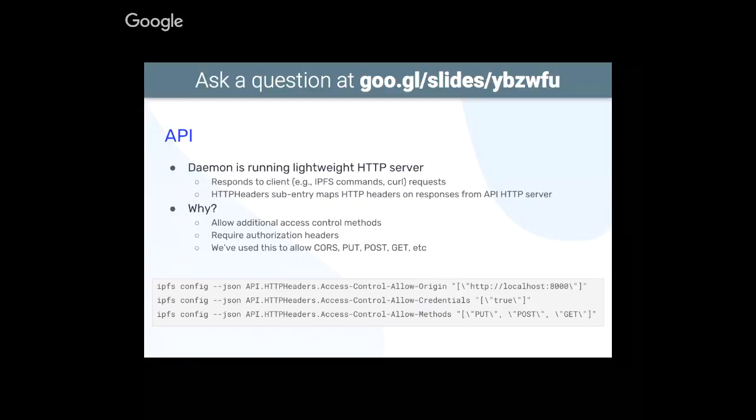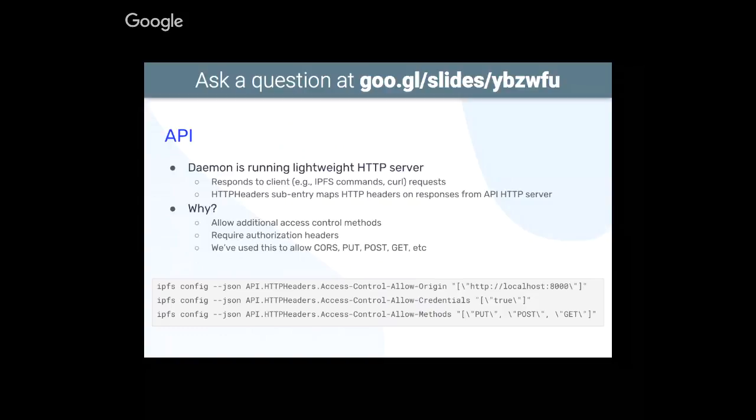That generally looks like this: you say ipfs config, and if you want to see your config options, it's just ipfs config show. If you want to modify them, you do ipfs config, and in this case we feed it a JSON value, so we give it a JSON flag, and then you access the config option items hierarchically. We want to modify the Access-Control-Allow-Origin option of the HTTP headers sub-option of the API key in our config.